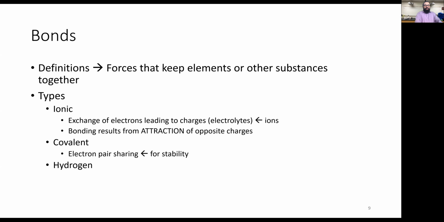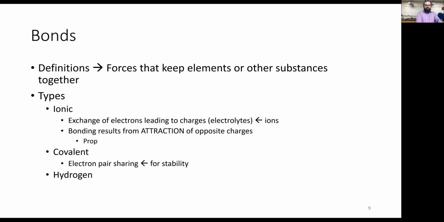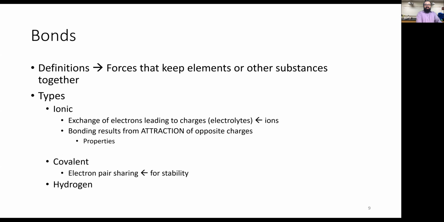A couple of properties, obviously: the ionic ones result from the loss and gain of electrons, so these are all electric, right? And they dissociate in water.